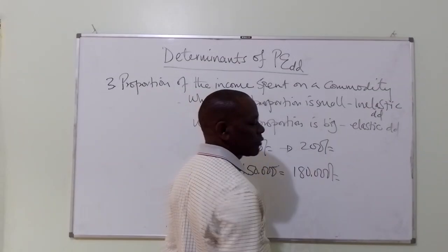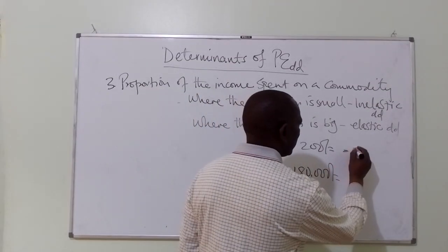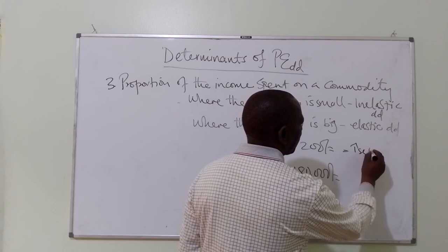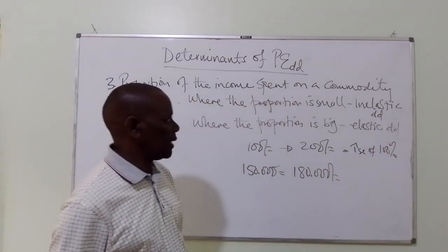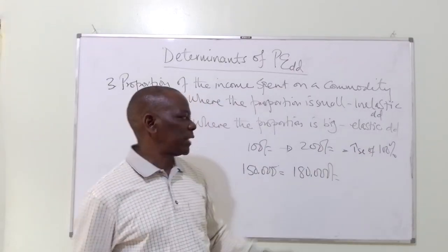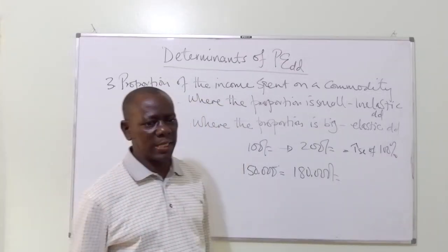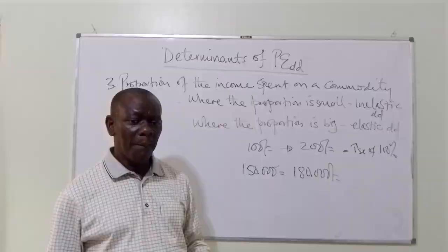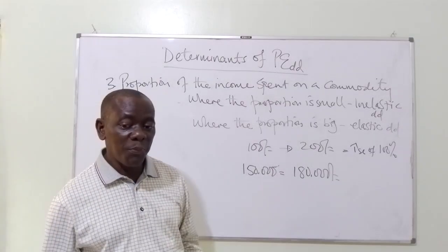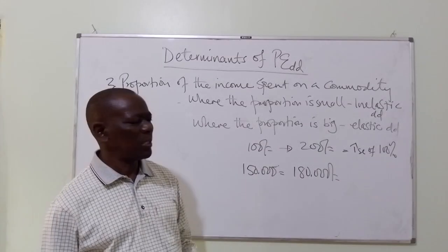If you calculate mathematically, this is an increase of 100%. Change in price is 100%. But you may find that the demand for the matchbox may change by 2% or even 10%, which is very small.